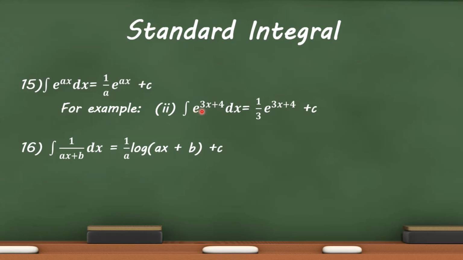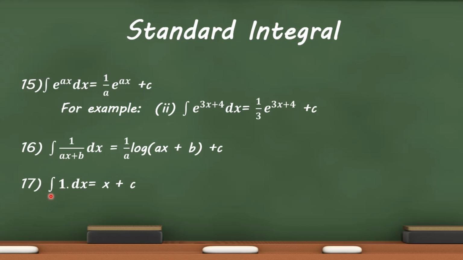Example, integration of e power (3x plus 4) dx equals 1 upon 3 e power (3x plus 4) plus c. Next, integration of 1 upon (ax plus b) you can write as 1 upon a log (ax plus b) plus constant c.